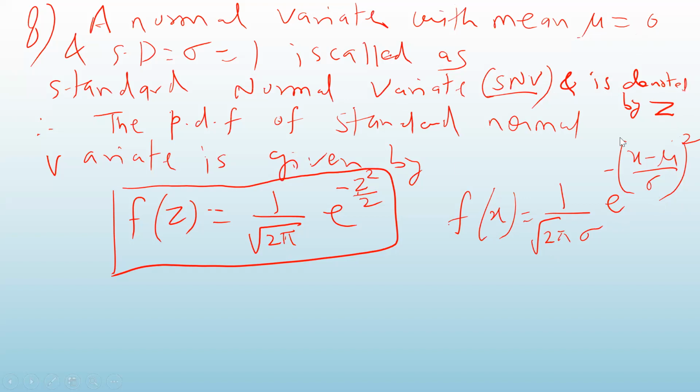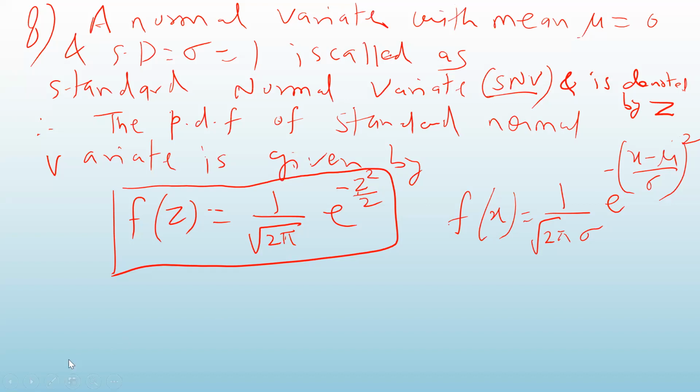Okay, that is what I have written here. So in place of x, if you put z, f of z, and in place of sigma 1, you will get 1 upon square root of 2 pi, and e raised to minus z square by 2. So e raised to minus x minus mu whole square divided by 2 into sigma square.